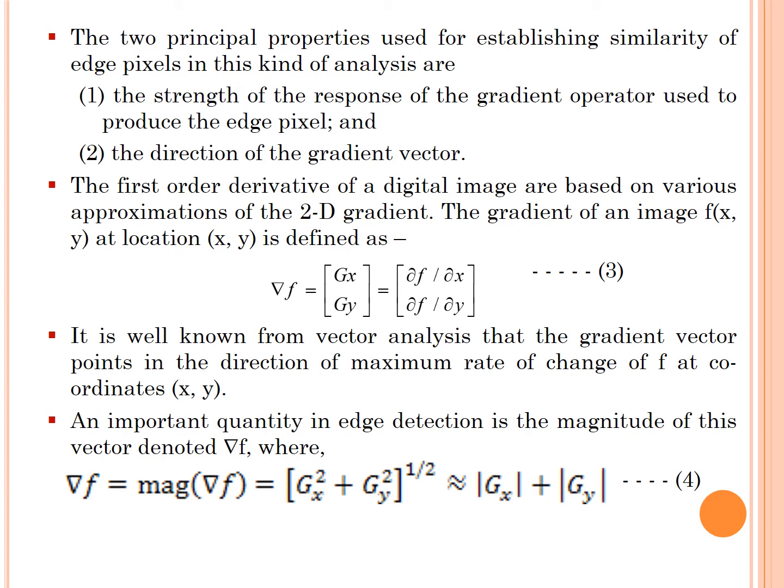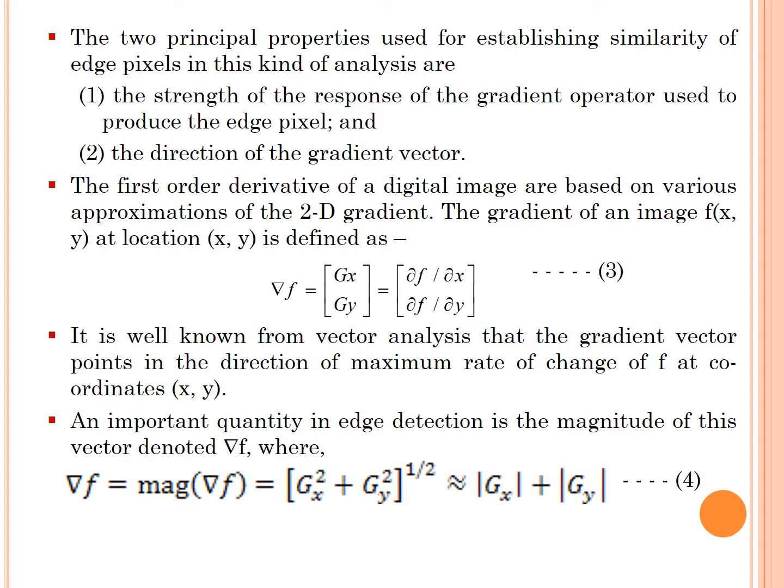The gradient of an image f(x,y) at location (x,y) is defined as ∇f = [gx, gy] = [∂f/∂x, ∂f/∂y]. It is well known from vector analysis that the gradient vector points in the direction of maximum rate of change of f at coordinates (x,y).